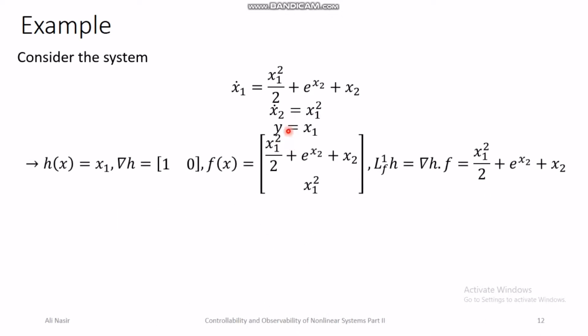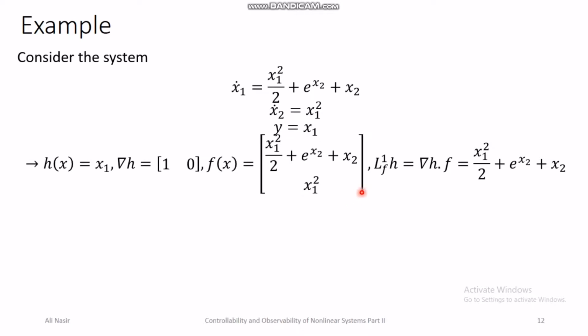In this system you can notice that h of x is just x1. So del of h would be partial h by partial x1, which is 1, and partial h by partial x2, which is 0. And then f of x: the first component would be the derivative of x1, which is x1 squared by 2 plus e to the power x2 plus x2, and the second component would be the derivative of x2, which is x1 squared.